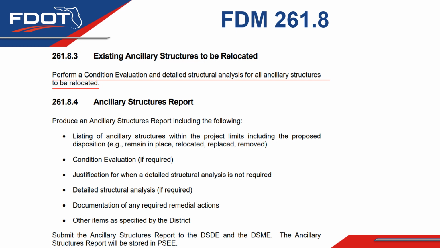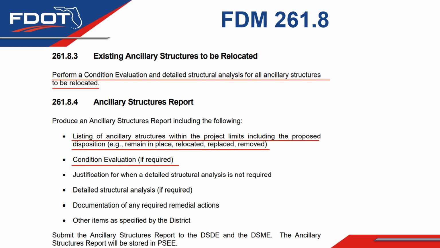Here in this section is something new. It details what we expect to be included in the ancillary structures report. It states produce an ancillary structures report including the following: a listing of ancillary structures within the project limits, including the proposed disposition.